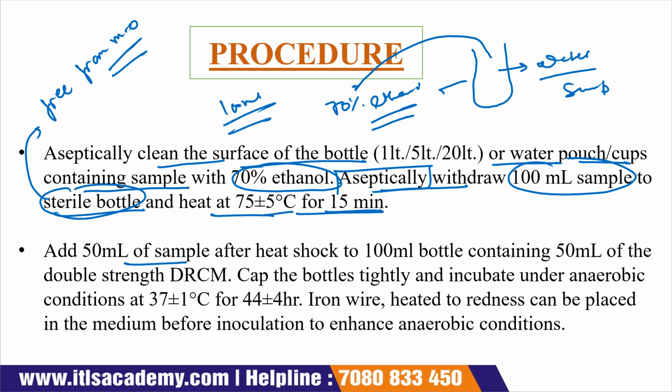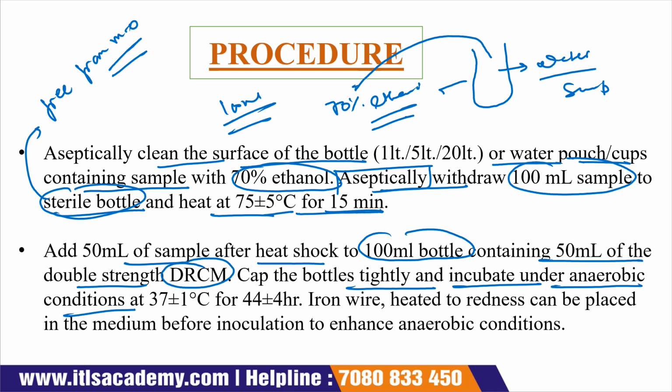Add 50 ml of the sample after the heat shock to the 100 ml bottle, in which 50 ml of double strength DRCM is present. Okay, so we have a bottle in which we have prepared this DRCM, and we add 50 ml of sample after the heat shock to that bottle in which the media is also present. Cap the bottle tightly and incubate under anaerobic condition.